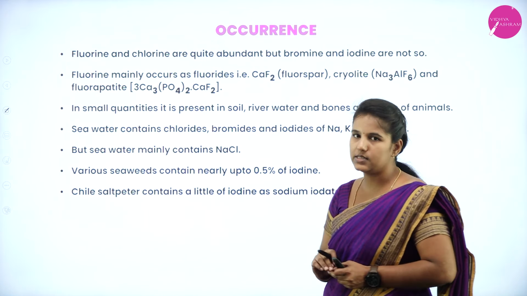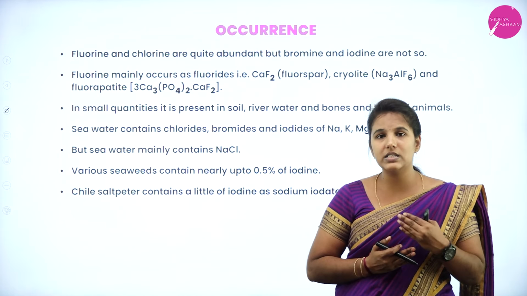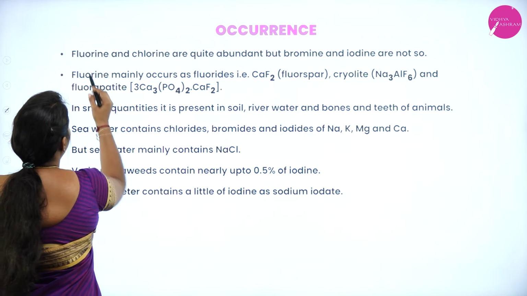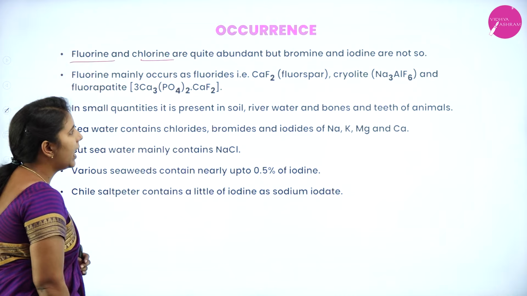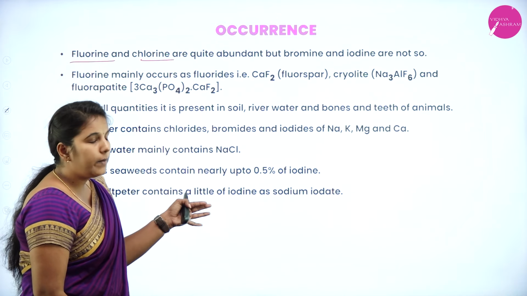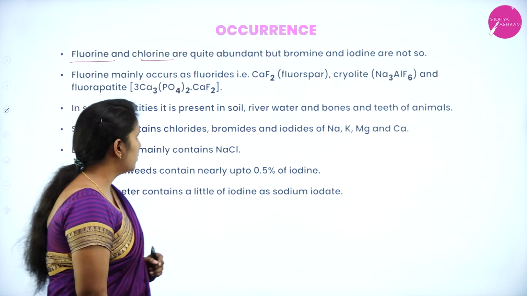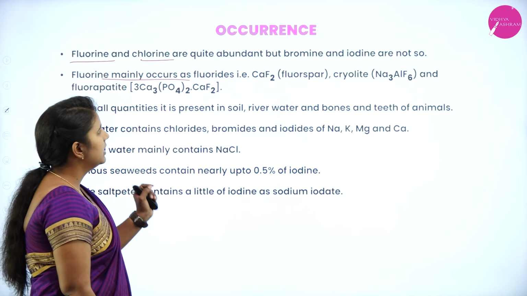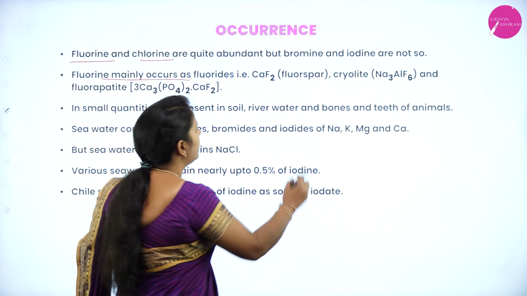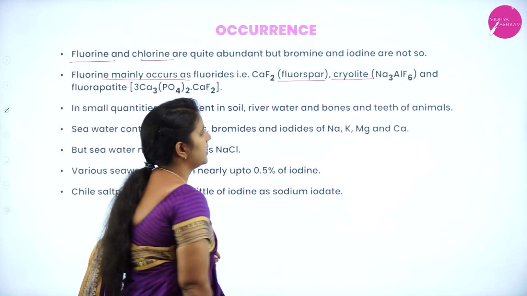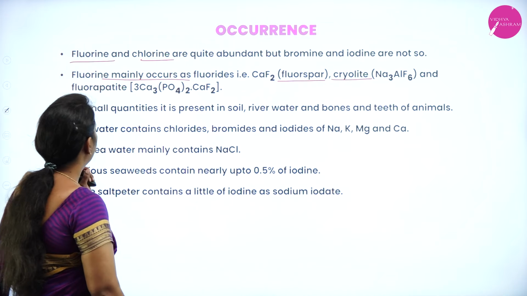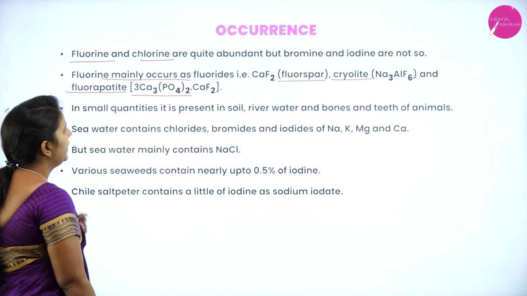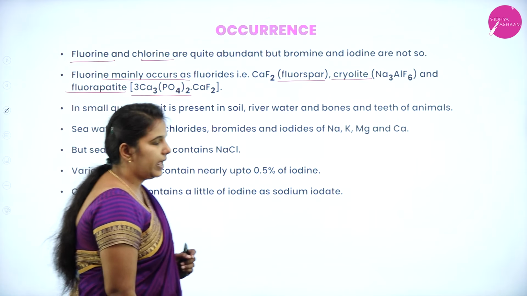Coming to their occurrence, it is very important to understand the occurrence of these group 17 elements in nature. Fluorine and chlorine are quite abundant, but bromine and iodine are not. Fluorine mainly occurs in fluorides, that is as CaF2, fluorspar, and cryolite, that is Na3AlF6, and fluorapatite, that is Ca3(PO4)2 and CaF2.